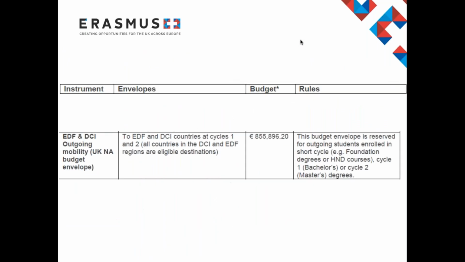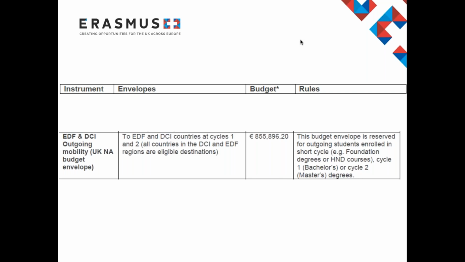Outlined here is the proposed budget for EDF, or the European Development Fund, and DCI, Development Cooperation Instrument, for outgoing student mobilities. For the Juncker North Africa window, there are no rules for incoming and outgoing mobilities.